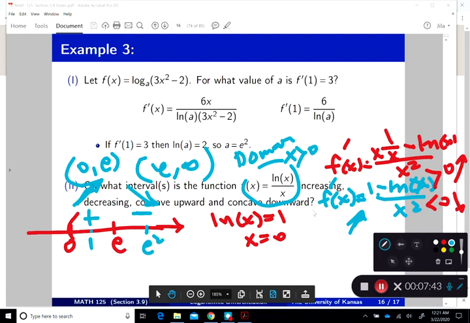Now we have to take the second derivative to find the concavities of the function.